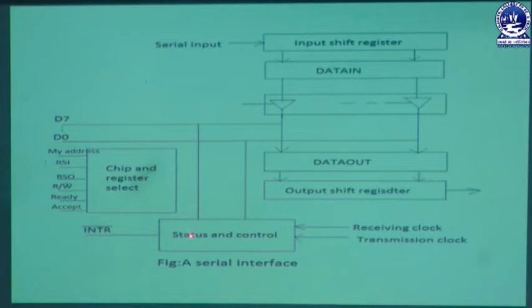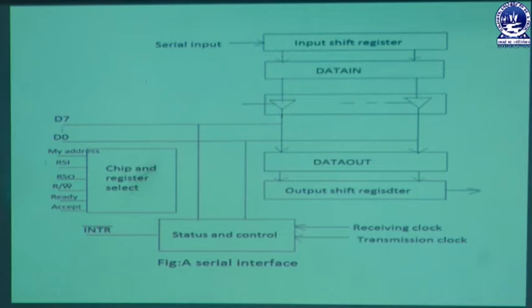And there is a status and control register, which I have already discussed. The status register is used to see the status of the input and output data transmission, which I told you as S in and S out.